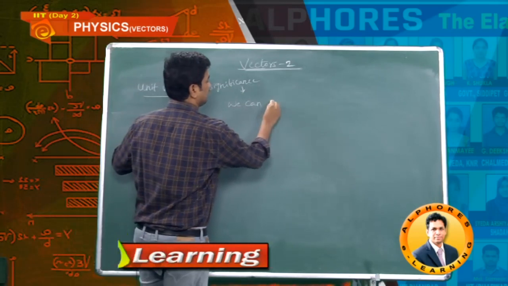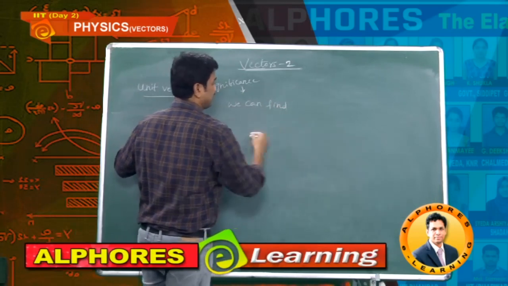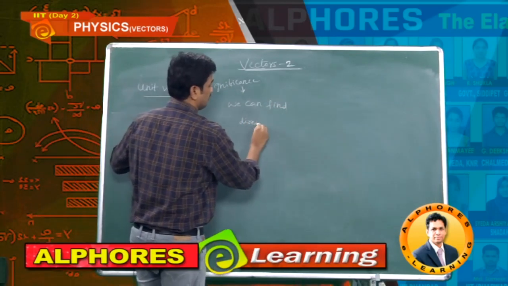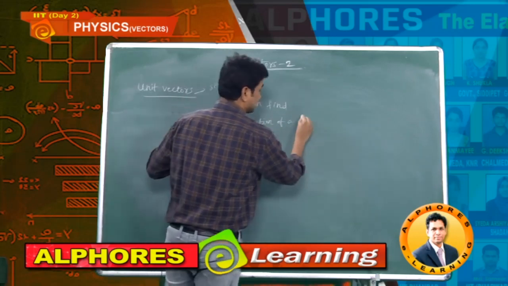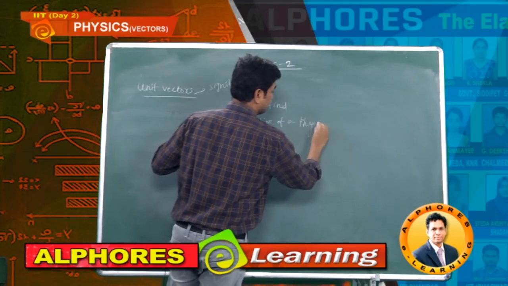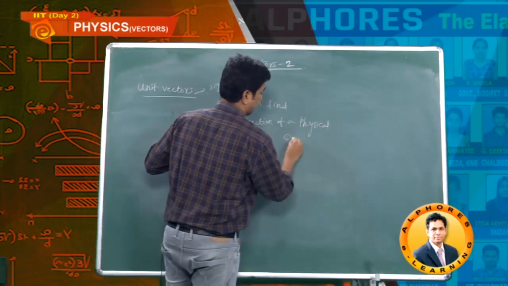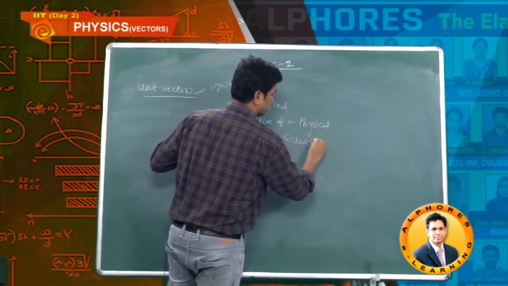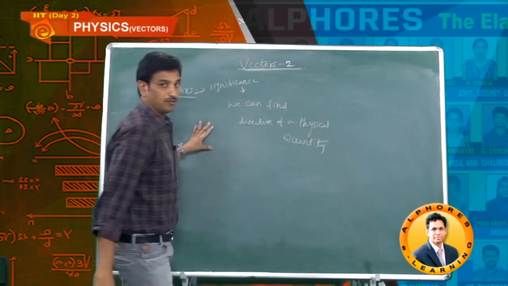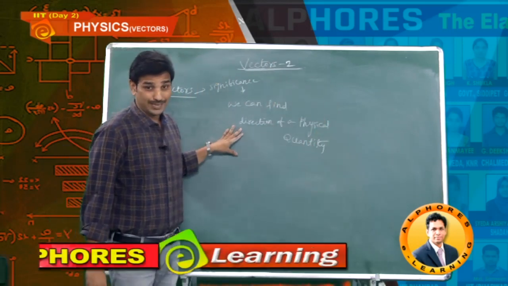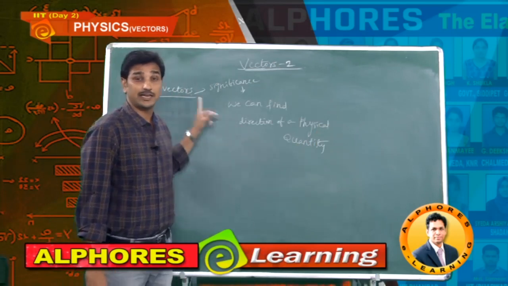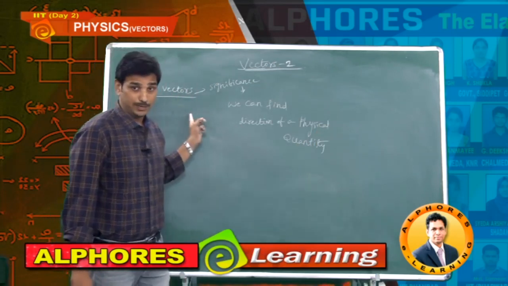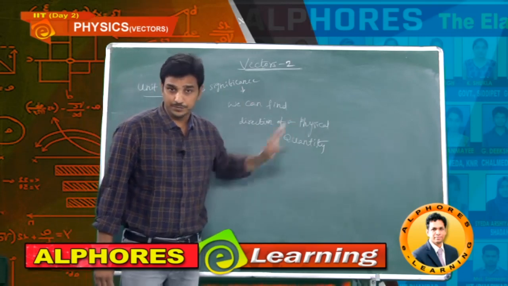We can find the direction of a physical quantity. When we know the magnitude of a vector but we don't know the direction, that time we should take the help of a unit vector. If you multiply with a unit vector, then you will get the direction.